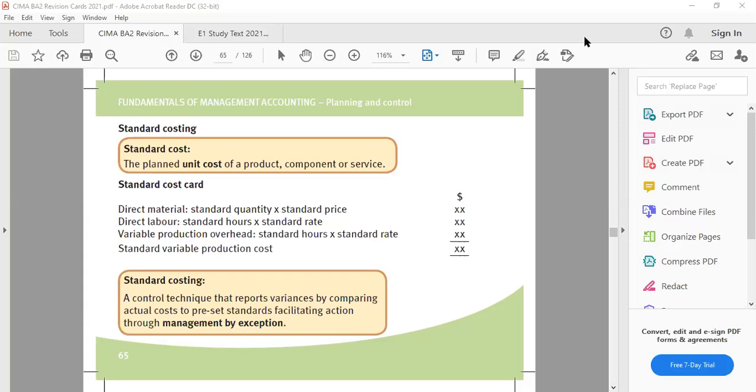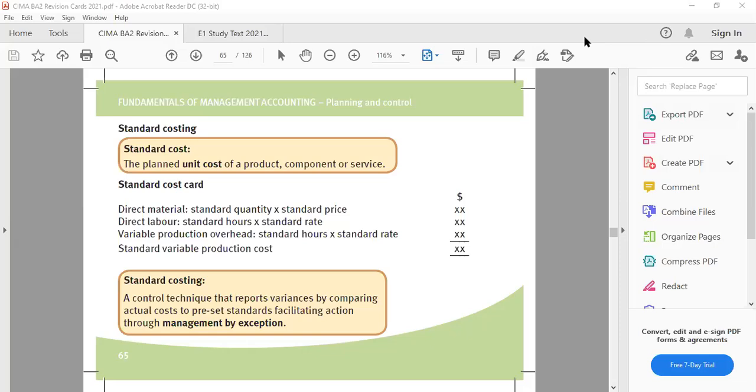On a similar note, standards are also available for revenue related things. That is, how many units are to be produced and sold, and at what selling price would these be sold. So there is a standard value which is already decided.